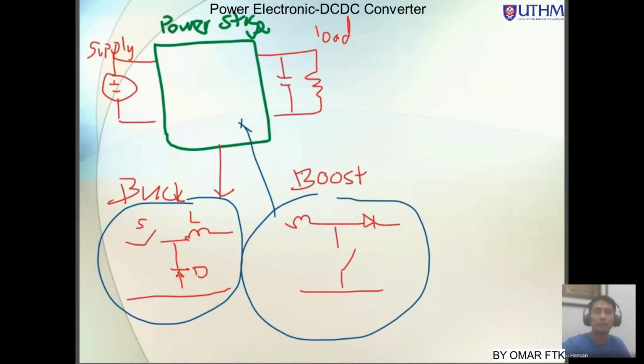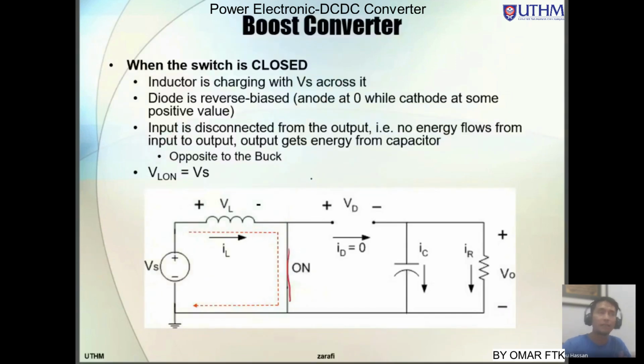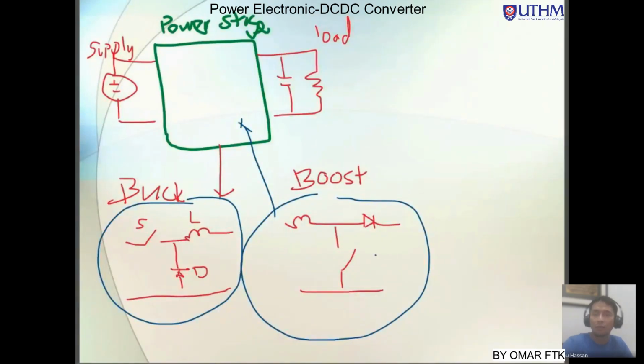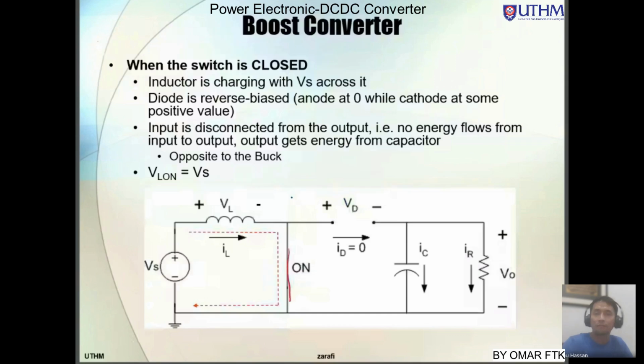So what's the difference? Let's see during the on and off cycle. During the switch on, whenever we switch on our switch here, the supply voltage will circulate into the inductor, pass through the switch, and return back to the supply.